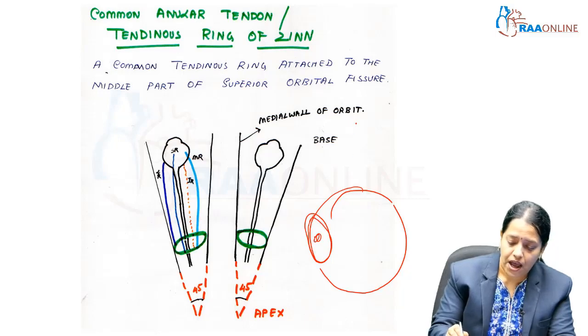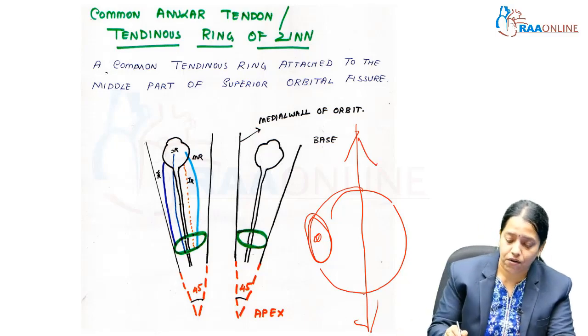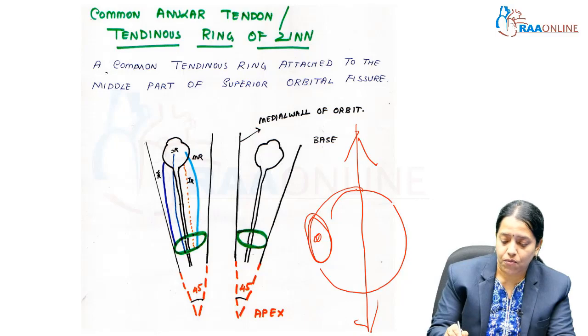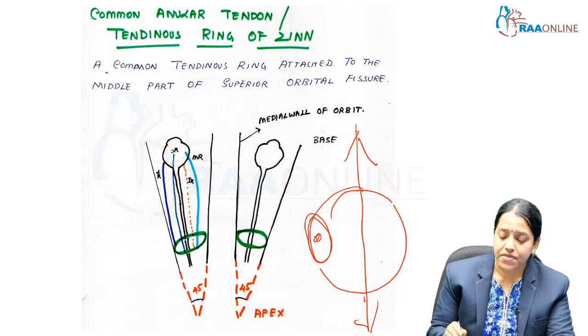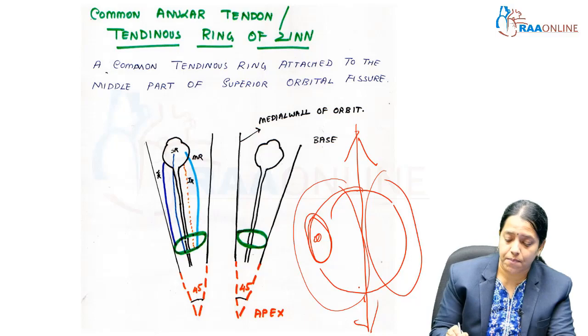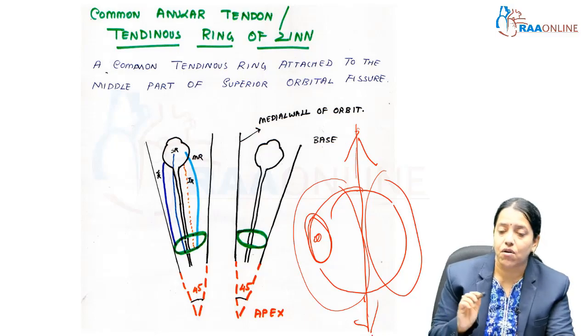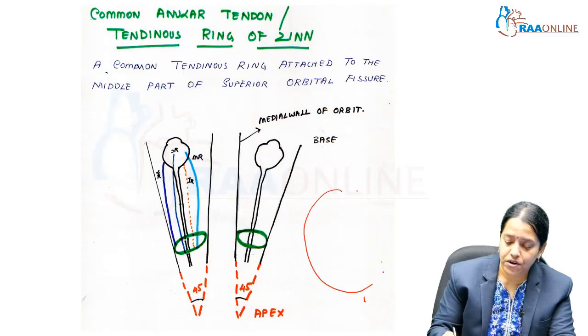If you put a line cutting across the eyeball from one pole to the other, a vertical plane, then this is the posterior part of the eyeball, whereas this is the anterior part, and this is called the equator of the eyeball.